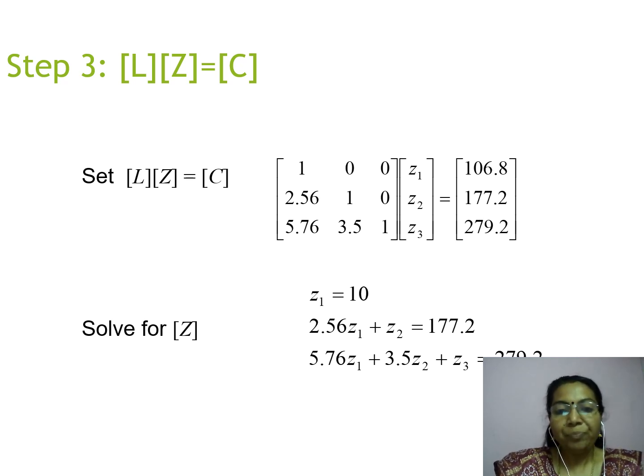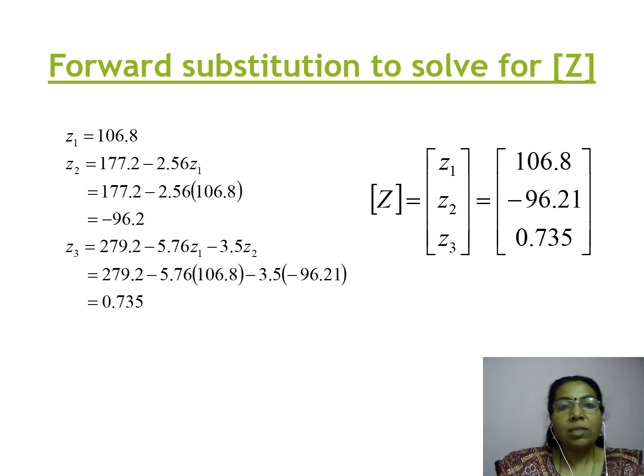Z1 is equal to 106.8, then 2.56 Z1 plus Z2 equals 177.2, and then the third equation. We are using the forward substitution method to solve for Z. Using this method, we find the values of Z1, Z2 and Z3.